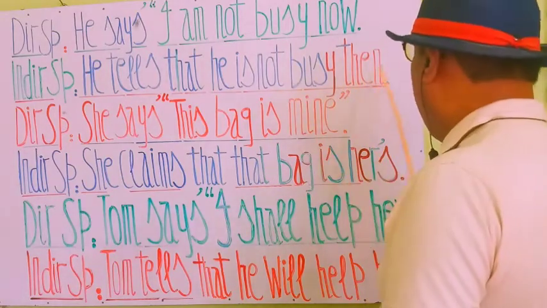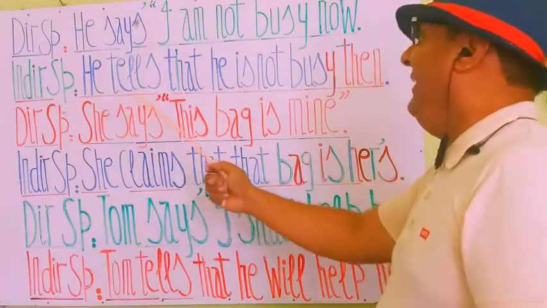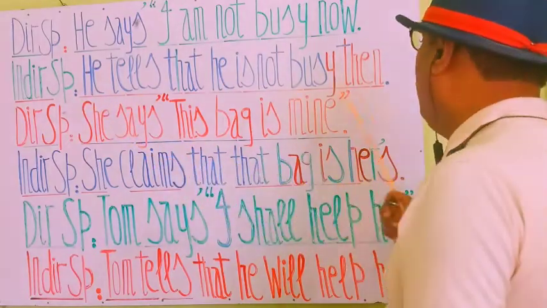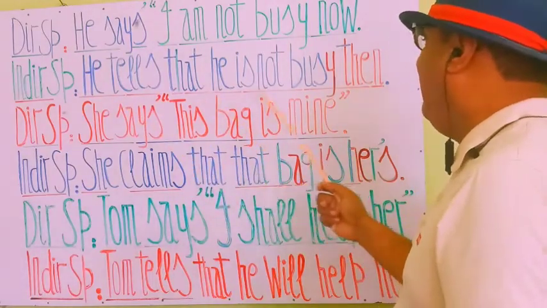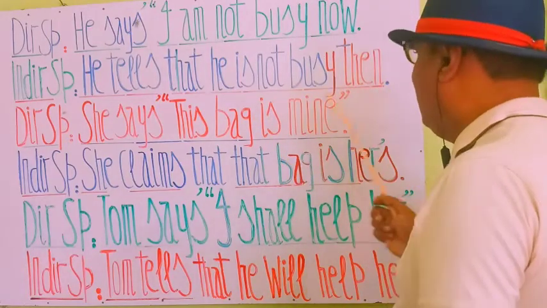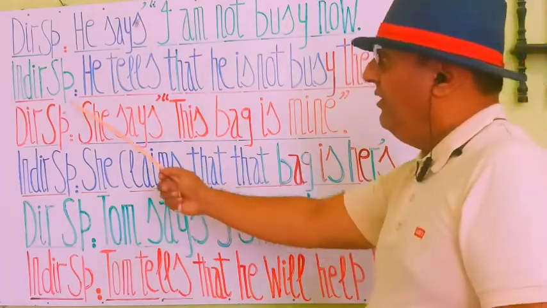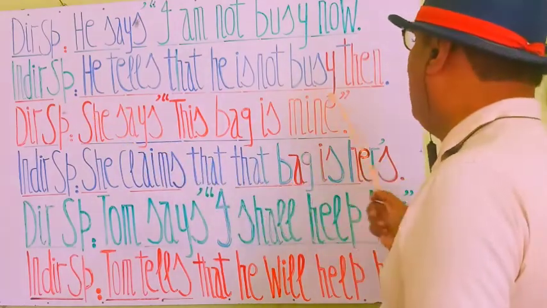So here is our new statement. We'll full stop here. See indirect speech here. He tells that he is not busy then. He tells that वो बताता है that he is not busy then. तब वो मसरूफ नहीं है. So this is the new change and new statement. He tells that he is not busy then.